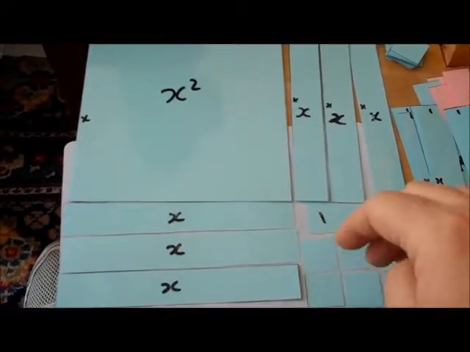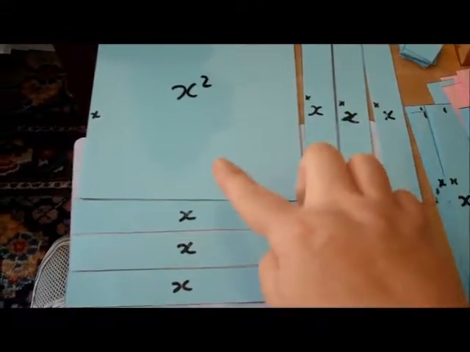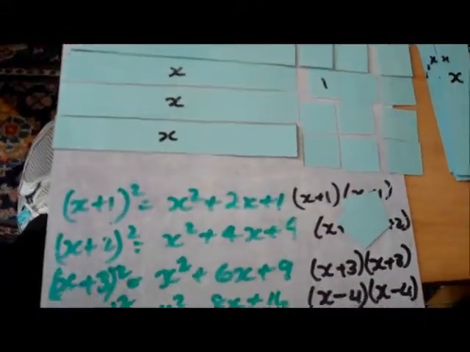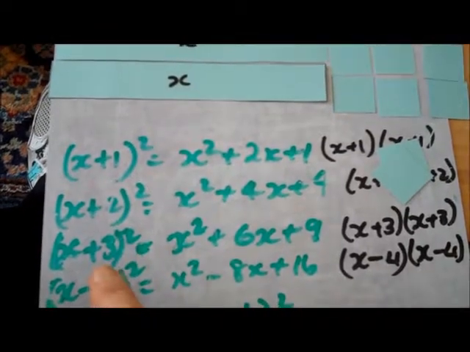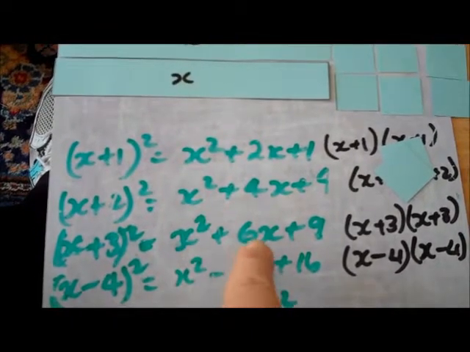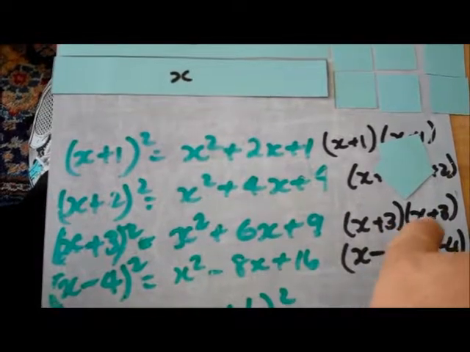That comes from 3 times 3 is 9. So x plus 3 all squared is x squared plus 6x plus 9. You could do it this way if you wanted to.